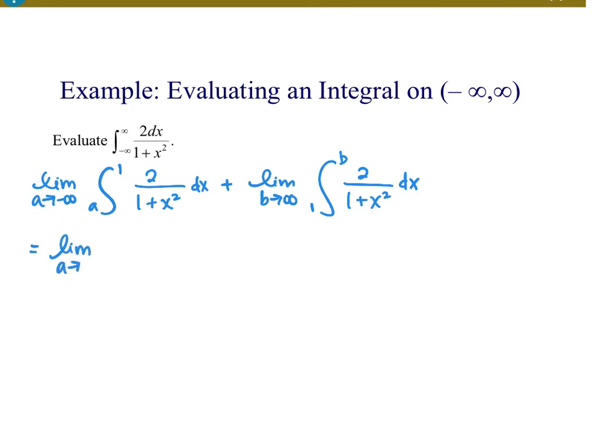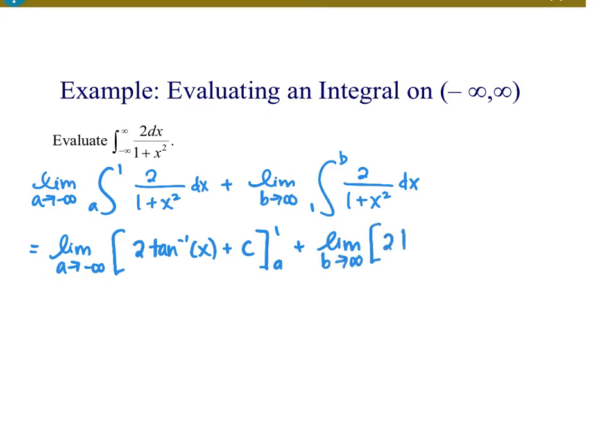Now the antiderivative of 2 over 1 plus x squared is an inverse tangent. So I have 2 times the inverse tangent of x plus the constant c going from a to 1. And then b approaches infinity, 2 inverse tangent of x plus c going from 1 to b. All right, let's evaluate that and see what we come up with.